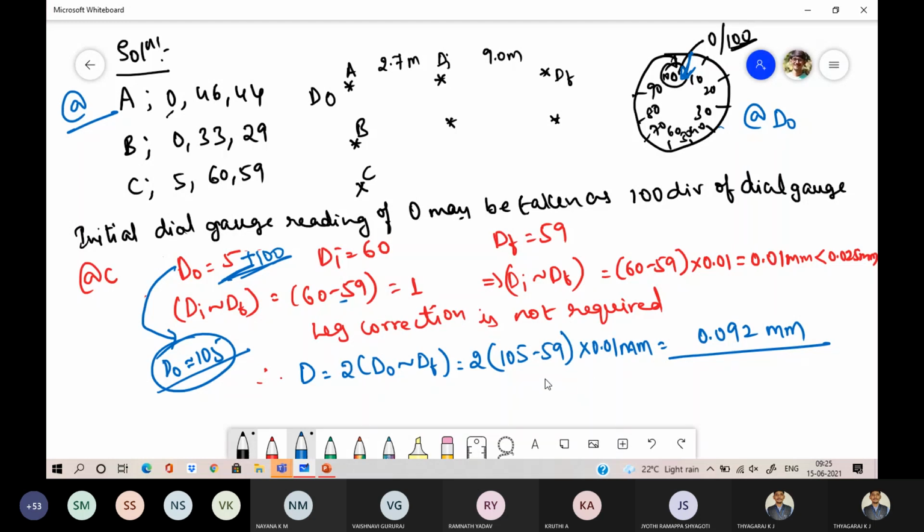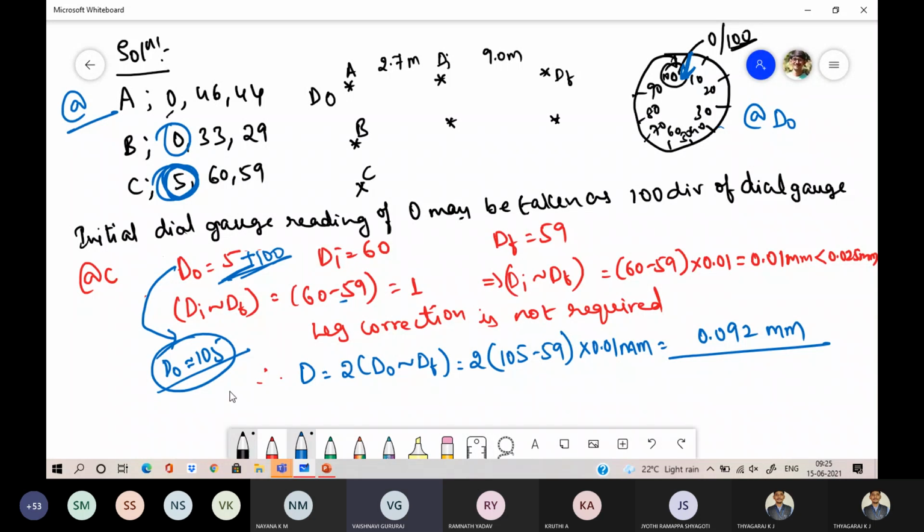Yes, sir. If it is other than 0, you have to add 100 to it. Why? Because it has already completed one revolution and it will be at the 5th division. Is it clear?